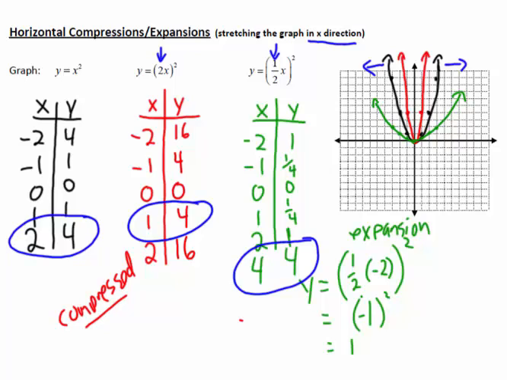It's like we took the original 2 and multiplied it now by a half, which gave us 1. In the green coordinates, we took the original x coordinate of 2 and multiplied it now by 2 to give us 4.